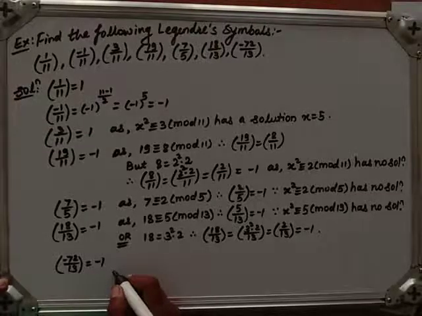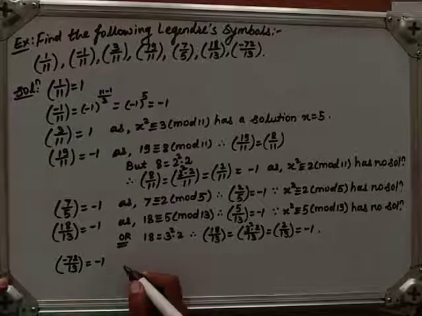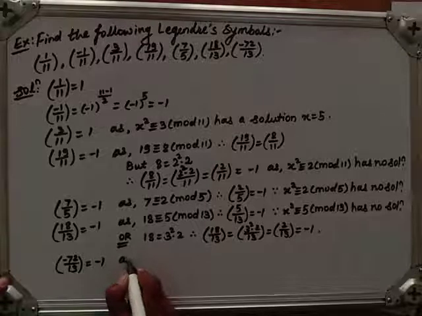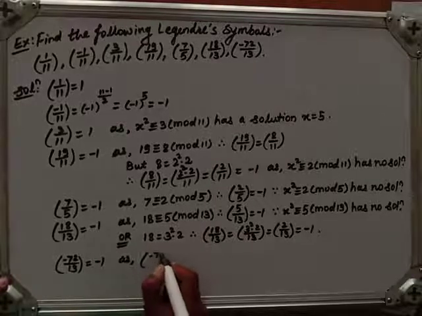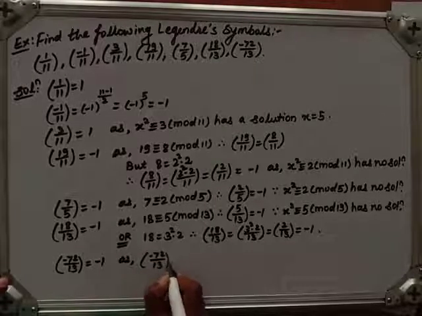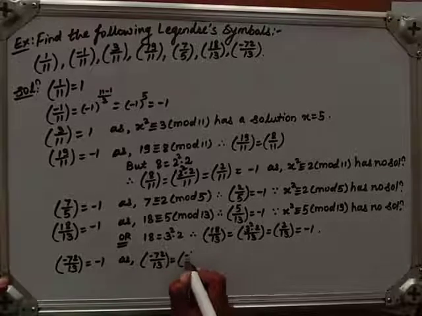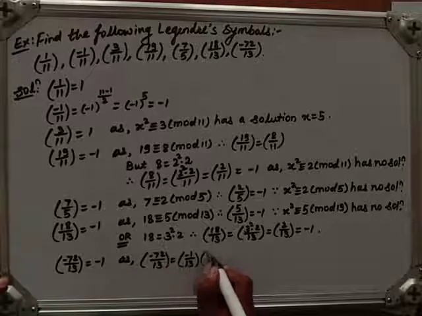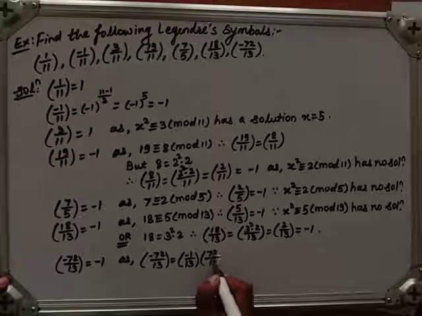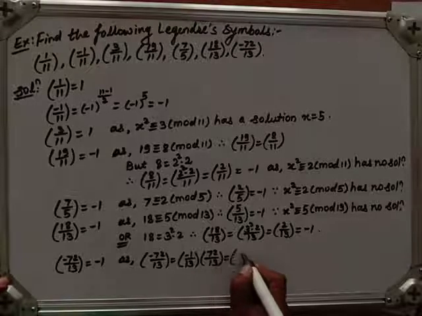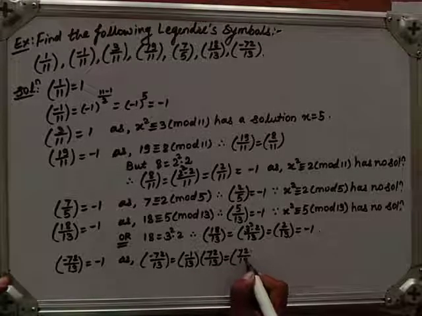Now the next one, Legendre symbol of minus 72 by 13 is the same as Legendre symbol of minus 1 by 13 times Legendre symbol of 72 by 13. That is the same as Legendre symbol of 72 by 13.